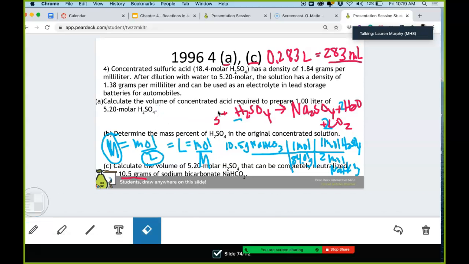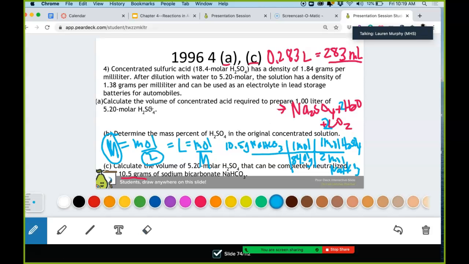So my moles is 10.5 divided by 84.01 divided by 2. My moles are 0.06249-ish moles, and volume equals that over 5.20 moles per liter. My moles cancel.